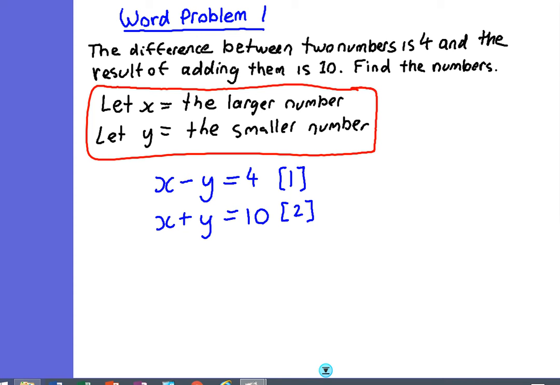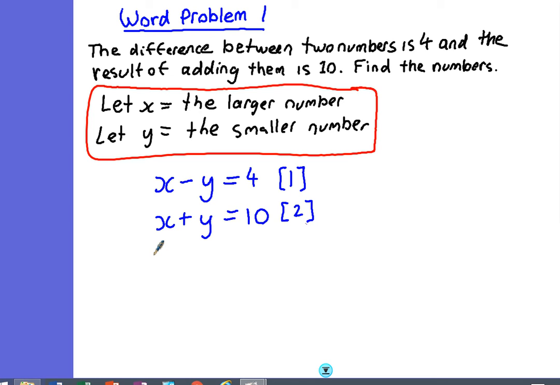You can see that if I add equation 1 and equation 2, then we're going to eliminate the y's and we'll just have the x's on one side, which is nice. But you could also, for example, eliminate x by subtracting the two equations, or we could even rearrange one of the equations and use substitution. But here let's add the two equations.